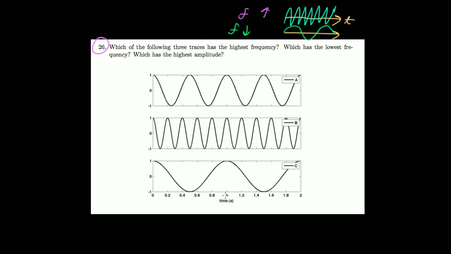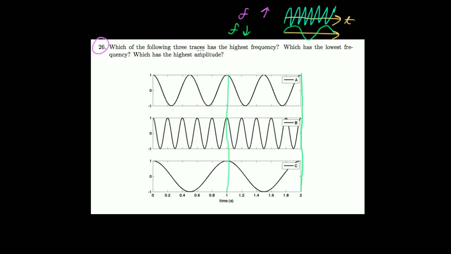Hopefully you can see all of these have the same exact time axes. This 1 extends all the way throughout the problem, that 2 extends all the way throughout. If this was on an exam, the time axis for one graph might be different than the other two, but it's not. We've got the same time axis, so we can solve this by inspection.